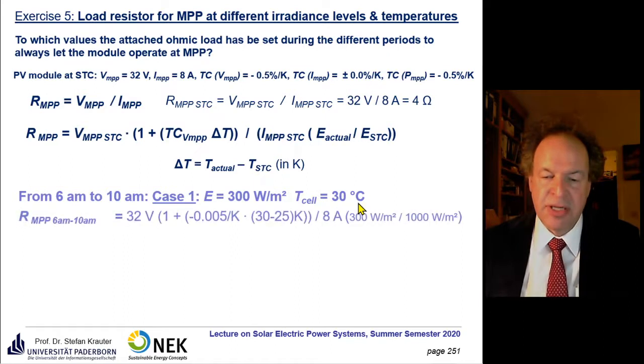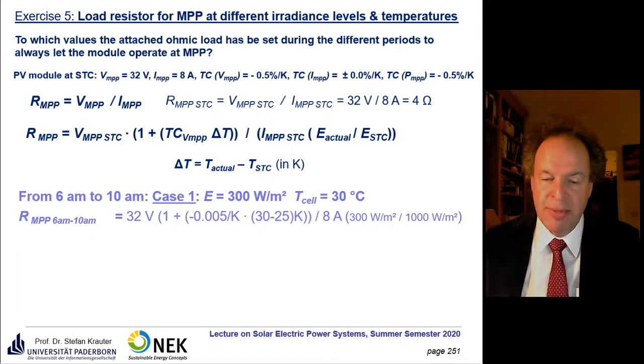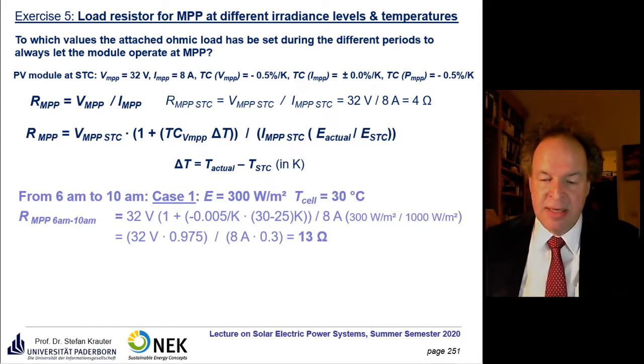And if we put it in the formula, we have here the voltage under standard test conditions, 1 plus the temperature coefficient minus 0.005 per Kelvin, and temperature difference of 5 Kelvin divided by 8 amps. Then 300 watt per square meter divided by 1000 watt per square meter. That's 13 ohms if you put all in the right numbers and calculate the result.